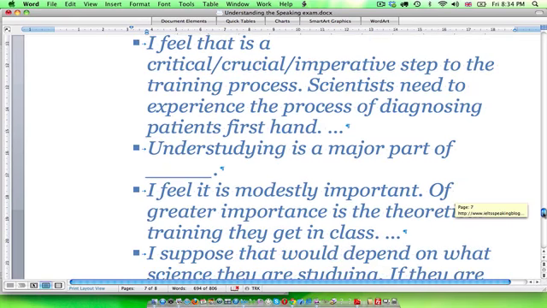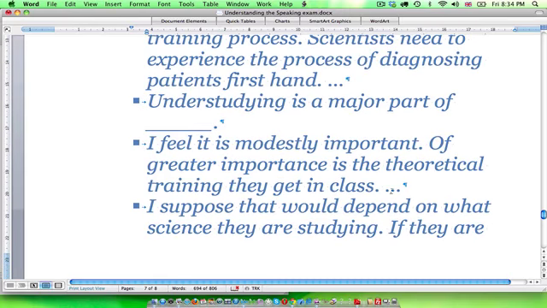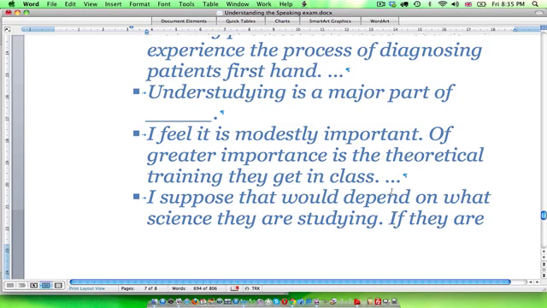Or we could respond something like, understudying is a major part of... I feel it is modestly important. Of greater importance is the theoretical training they get in class. Okay, so here we're turning the response around a little bit. How important is it? It's not important. What is more important is XYZ. I suppose that would depend on what science they're studying.